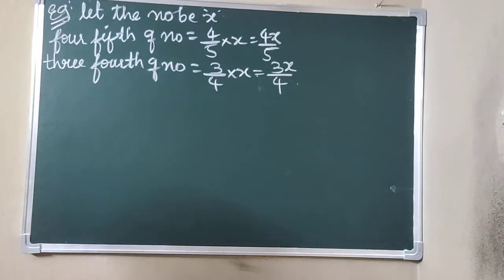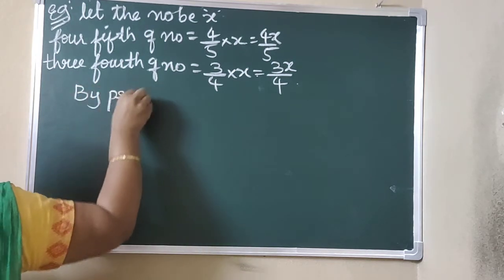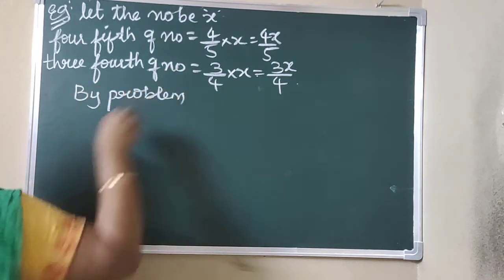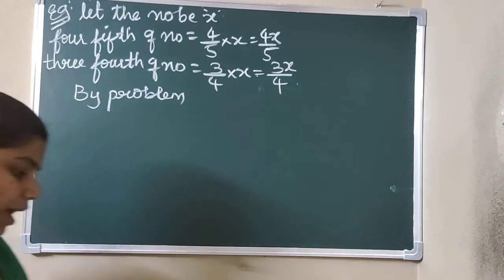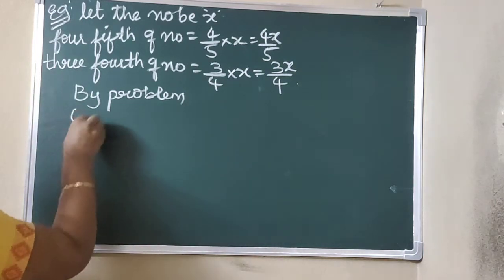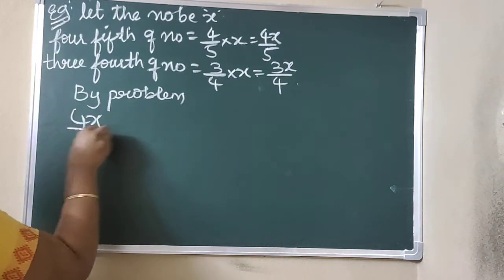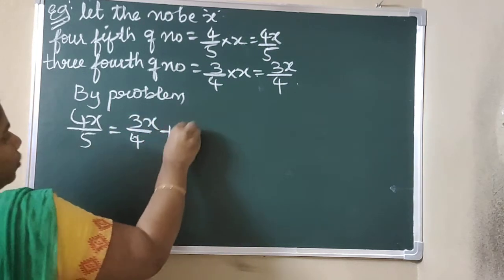So by the problem we can write it as, what they told, 4/5 of a number is greater than 3/4 of a number by 4. So it will be 4x by 5 is equal to 3x by 4 plus 4.